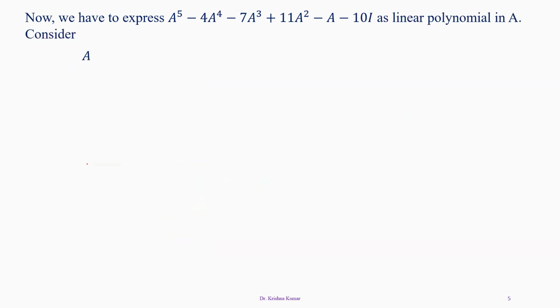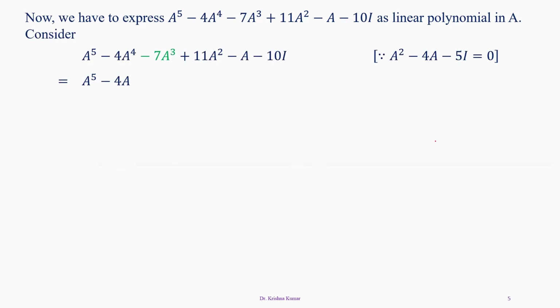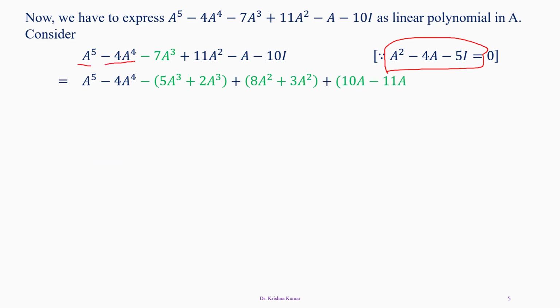Now, we have to express A^5 - 4A^4 - 7A^3 + 11A^2 - A - 10I as a linear polynomial in A. For this purpose, we consider equation number 2: A² - 4A - 5I = 0.